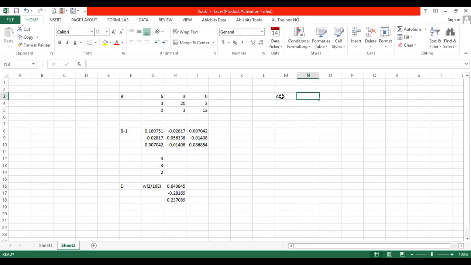Action restrained. When you take WL over 24 out, that's going to be 3, 0, 0, 0, 0, and minus 2 plus 2.